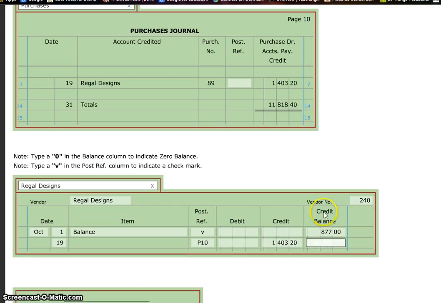And then because we have a credit balance and we have a credit amount here, we're going to add these two numbers together to get our running tally. So 877 plus the new number we put in there, we get 2280.20. And then the last step, we cannot forget, we take the number 240 and we plug it into the post reference to show that we posted that amount there on that line.